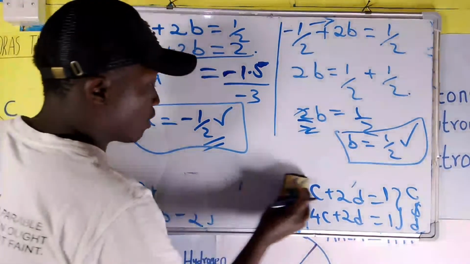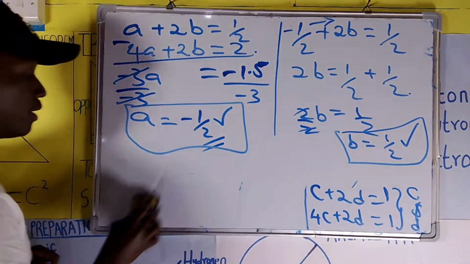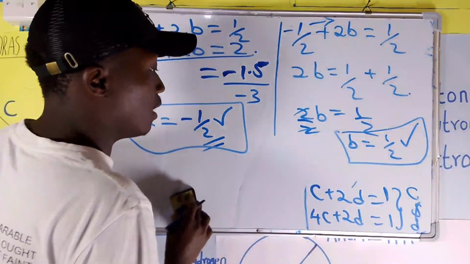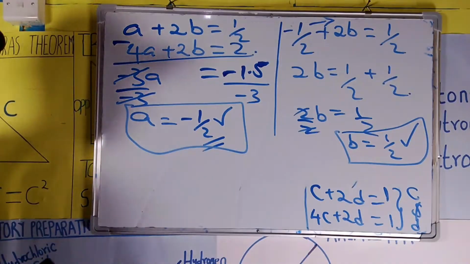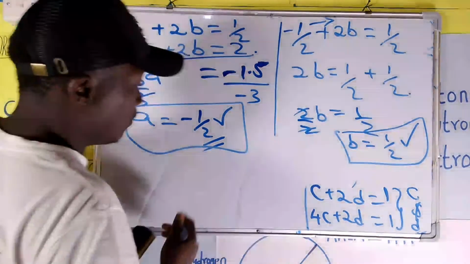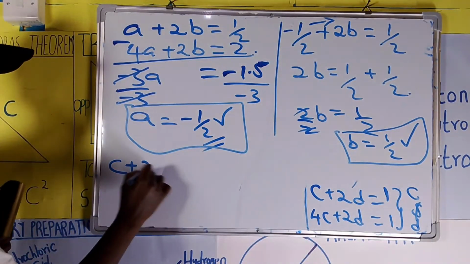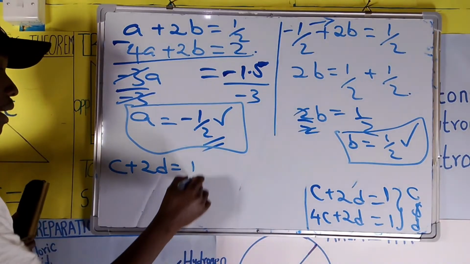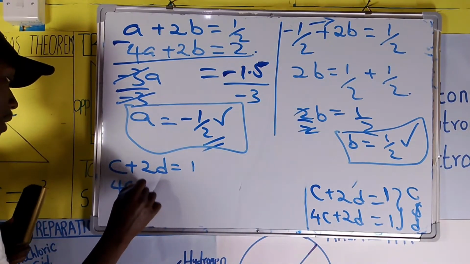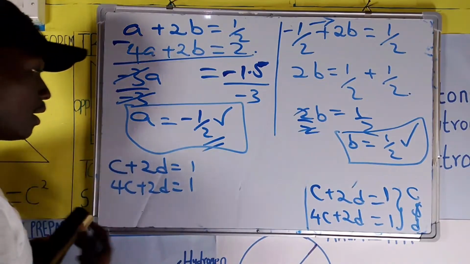So let's now solve for C and D. We have C plus 2D is equal to 1, and 4C plus 2D is equal to 1.